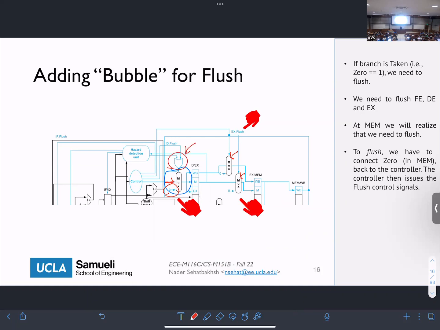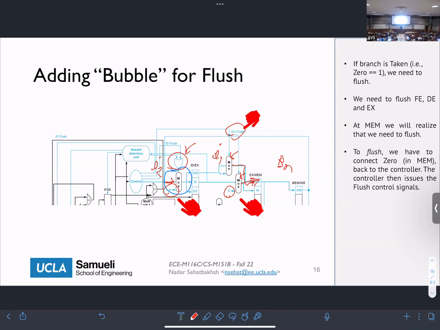Say this is our branch instruction, this will be our I1, and this will be our I2, and so on. At this point, we realize that we made a mistake. So instead of passing I1 control signals to the next stage, which is the mem stage, we replace them with this 0 and send the 0 to the next stage. We're basically saying, instead of sending I1, just cut I1 and send a bubble to the next instruction.